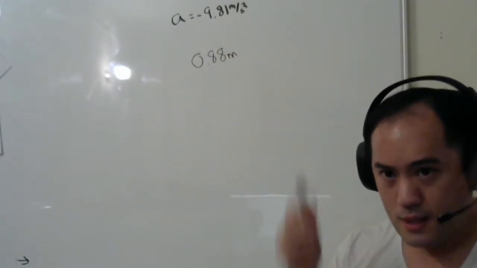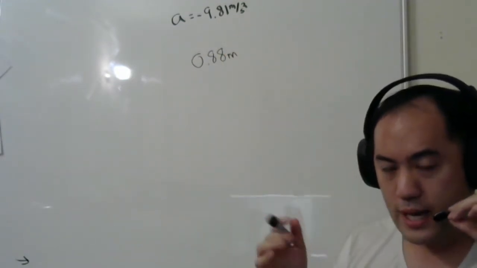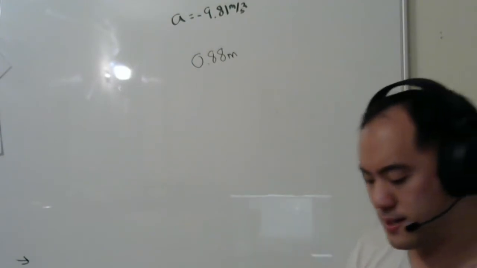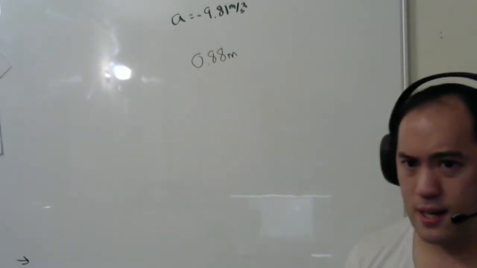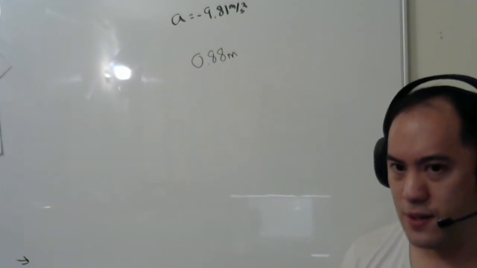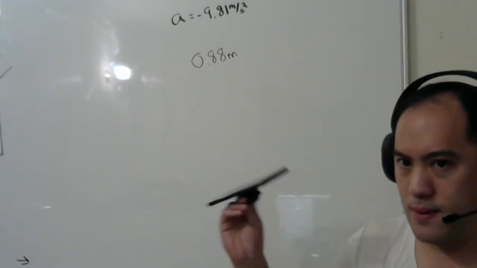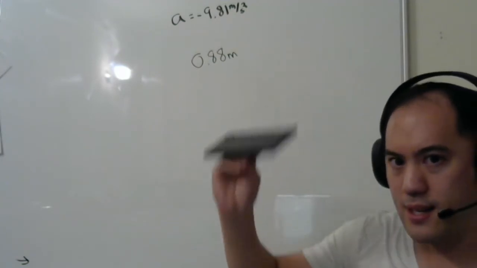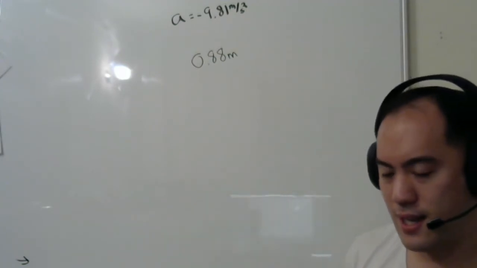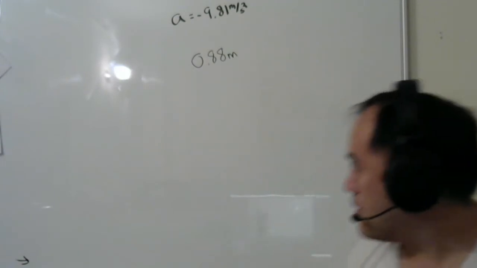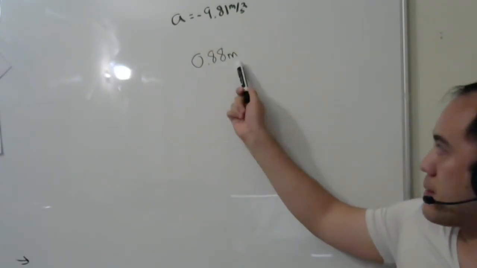So, how did my phone figure out how high it went? Most people say, well, phone has GPS, so obviously the phone uses GPS to solve for the starting height and the maximum height, and then just uses math to figure out the height. That's not true. See this 0.88 meters?